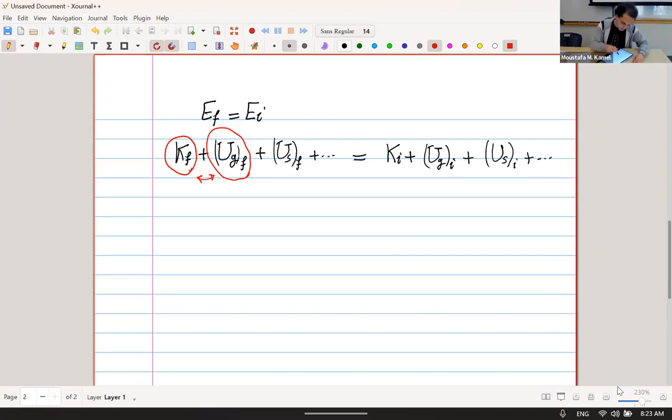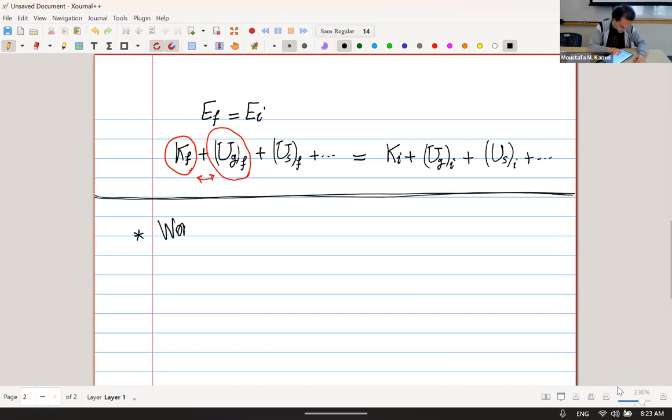Now let's quantify our definition of work. So again, we need to forget about our everyday notion of the word work, which we use to denote different things.